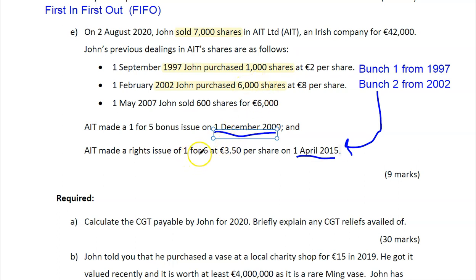So we'll have 1,000 extra shares. The 1,000 shares will increase the number of shares to 7,000, but the cost remains the same. The total cost of 48,000 will be the same, but the cost per share will decrease, and we'll have enhancement expenditure. So let's look at that here.